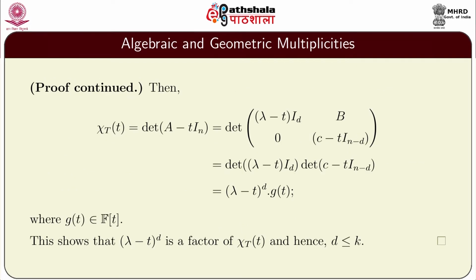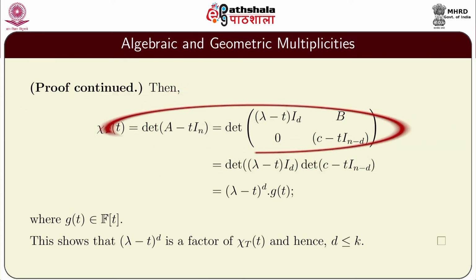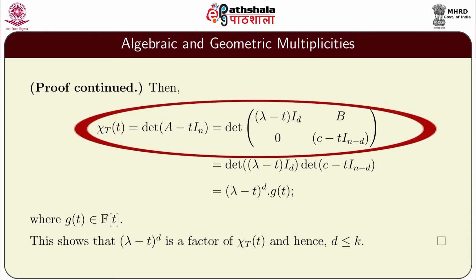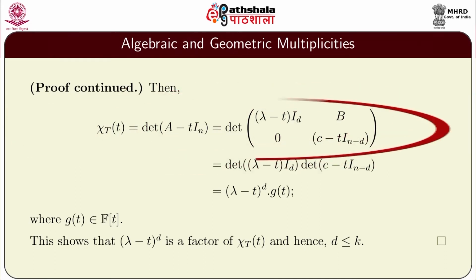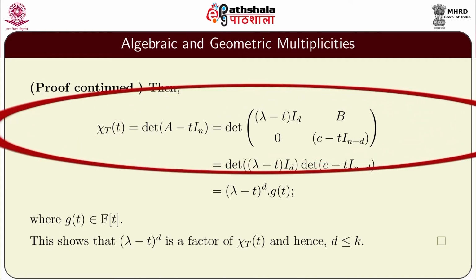Let us calculate the characteristic polynomial chi t, that is determinant of A minus t I n, and that is determinant of this matrix in the block form, that is lambda minus t I d and B in the first row, and then 0 and C minus t I n minus d in the second row.